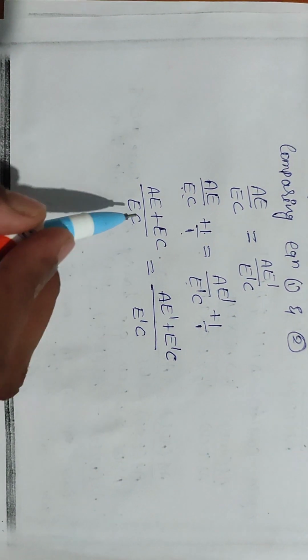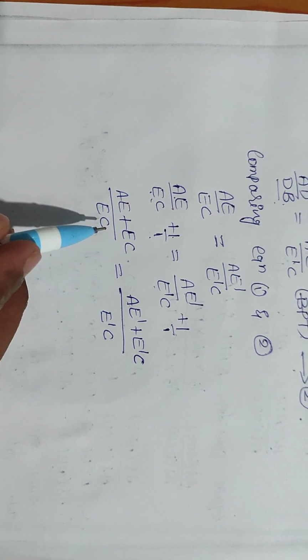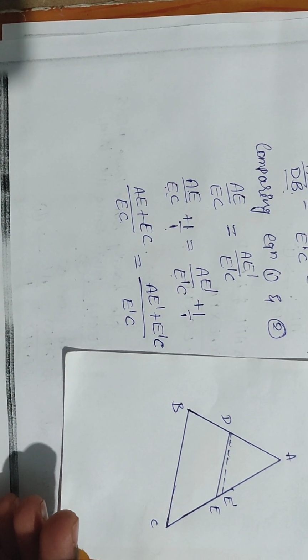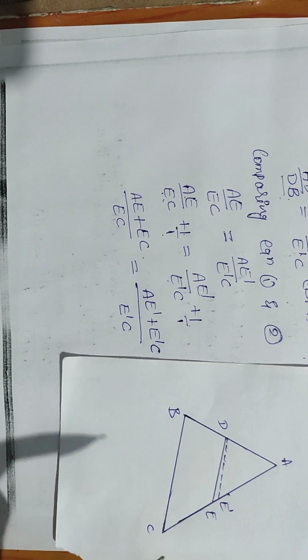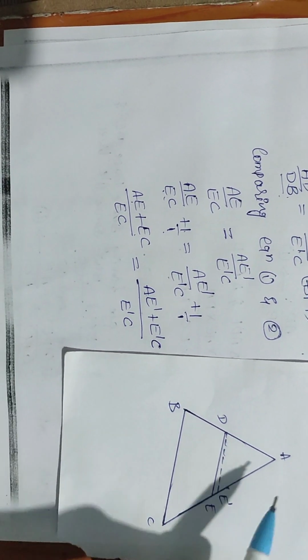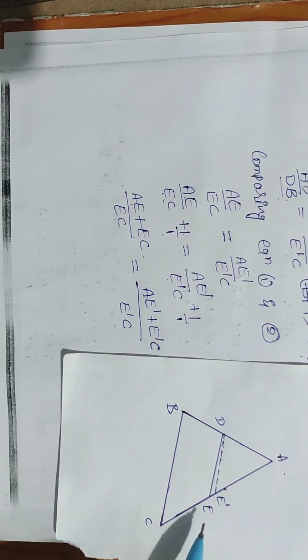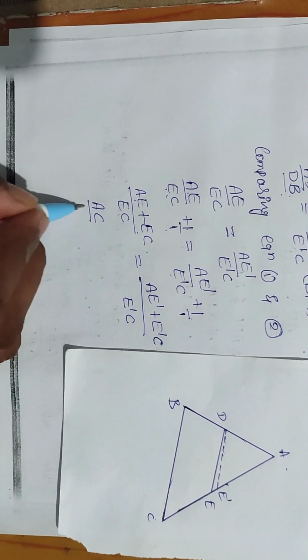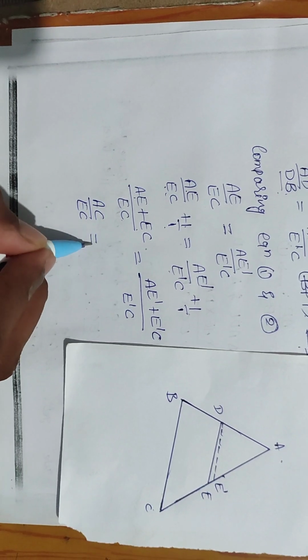Now from the figure, we have to observe the figure here. AE plus EC gives us AC divided by EC, the denominator being the same.